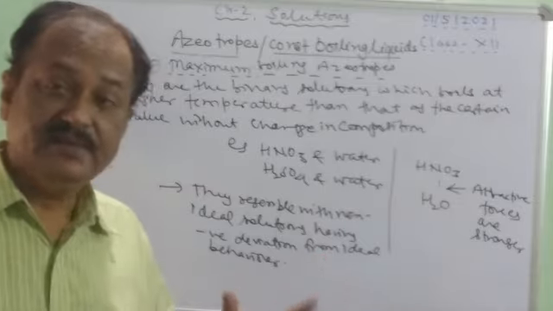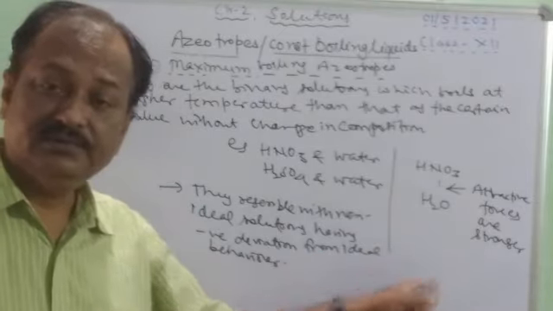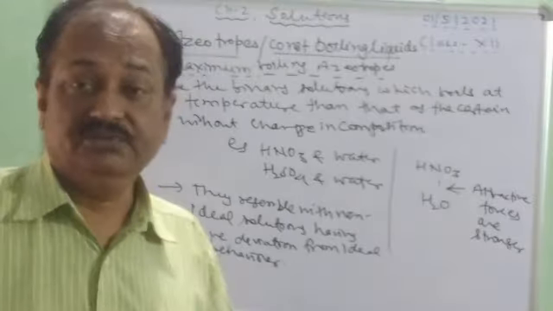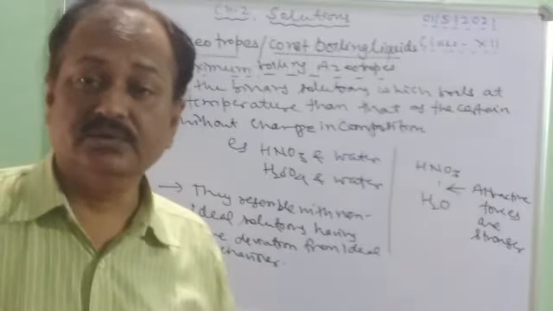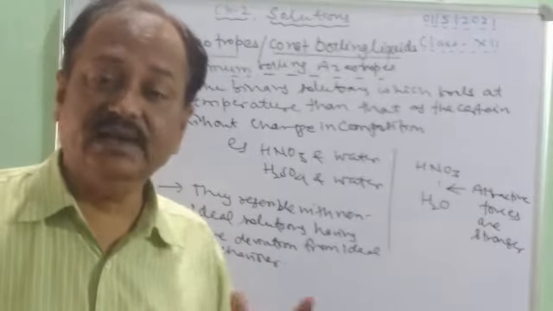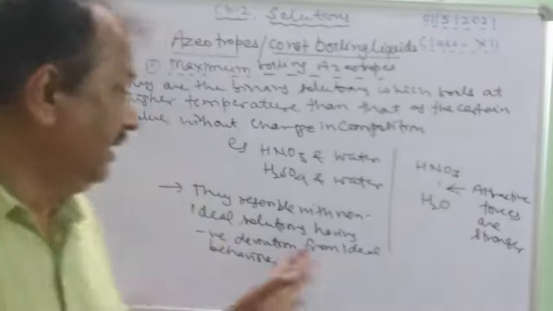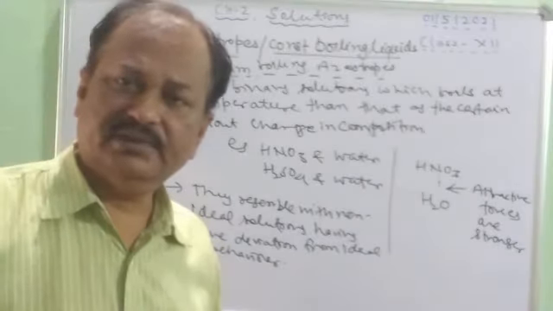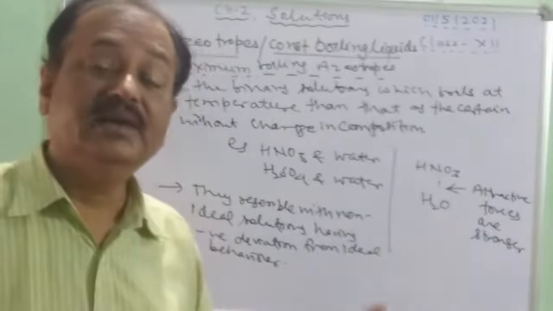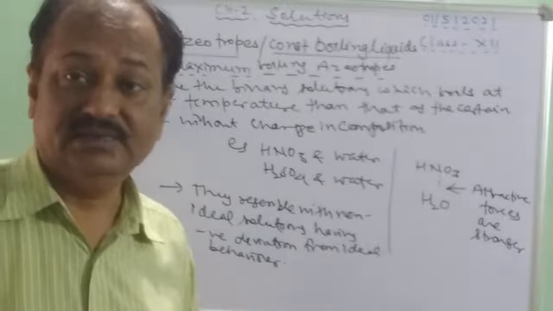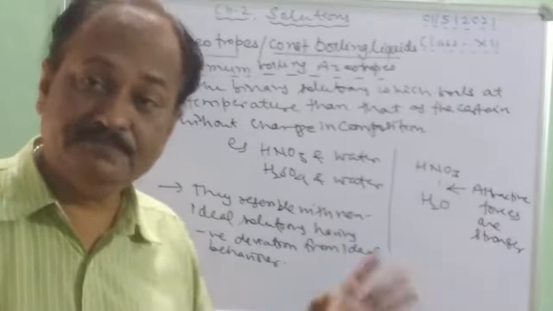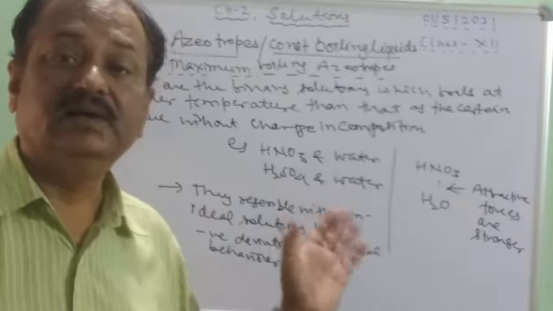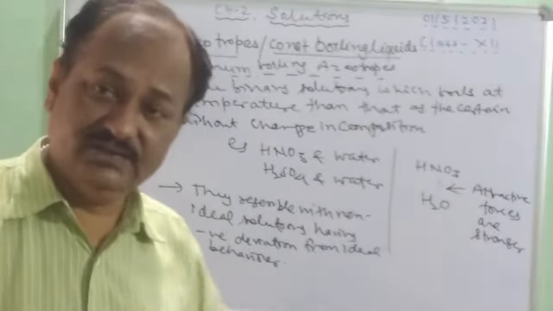It means the forces are stronger and we have to use high temperature. You have to heat more and more. It means high temperature has to be supplied. Again, we can have the diagrammatic representation. The diagrammatic representation will remain the same as in the case of non-ideal solutions, and there will be elevation.